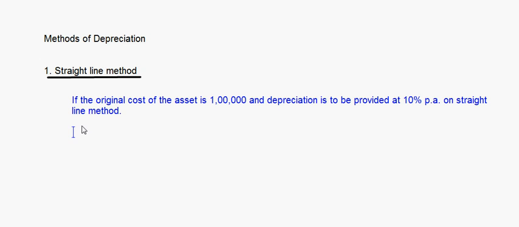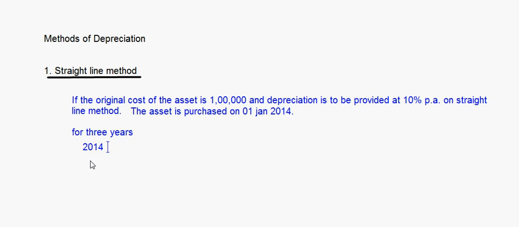Now suppose I want to show the depreciation for 3 years. Now here let's say the asset is purchased on, let's say, 1st January 2014, right? The financial year is January to December, let's take.